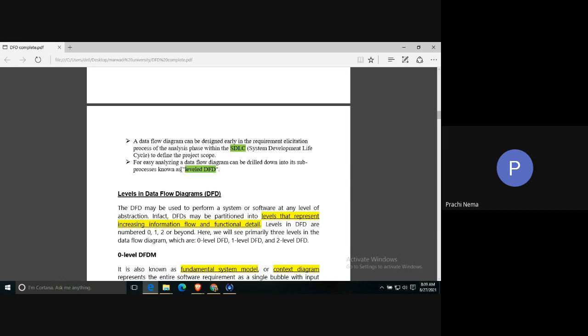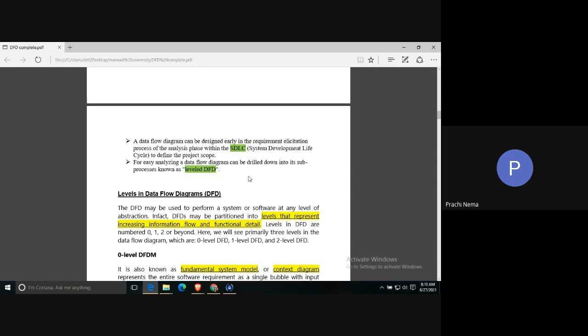What is written over here is the same thing in a different language. For easy analyzing, a data flow diagram can be drilled down into sub-processes known as leveled DFD. That is, we do not make a complicated diagram of the huge software or system because there would be many components.